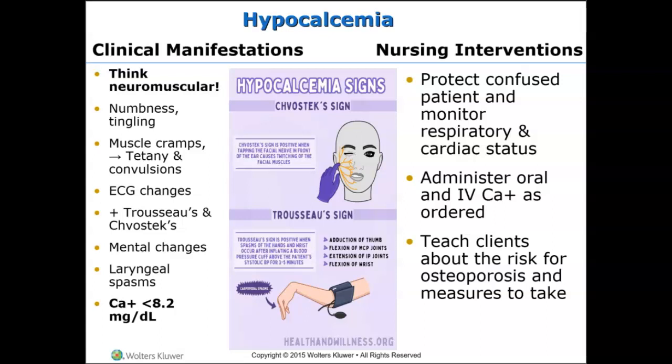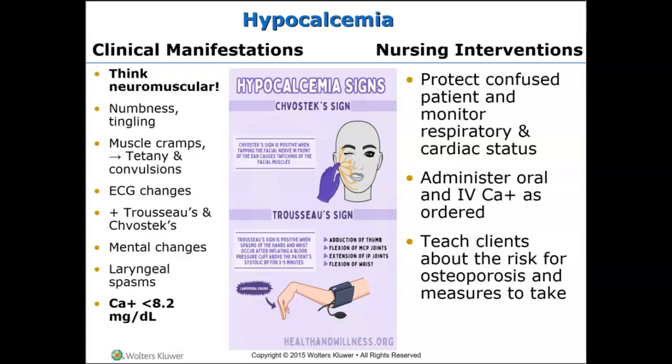Trousseau is when we literally pump up a blood pressure cuff above the patient's systolic blood pressure for 3 to 5 minutes, and then the patient will literally have a positive muscle spasm, right? They get this adduction of the thumb, flexion of their joints, their hand turns in toward their body, and the flexion of that wrist occurs, okay? We call that a positive Trousseau sign.